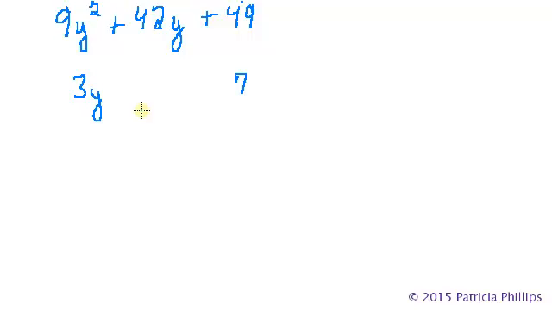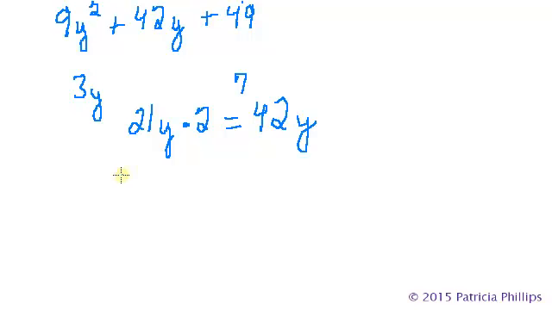We're going to put these together as 21y. You multiply them together; if they have coefficients, multiply the coefficients. Is the second term the roots of the first and the last times 2? Well, 21y times 2 equals 42y. So yes, it is a perfect square trinomial.